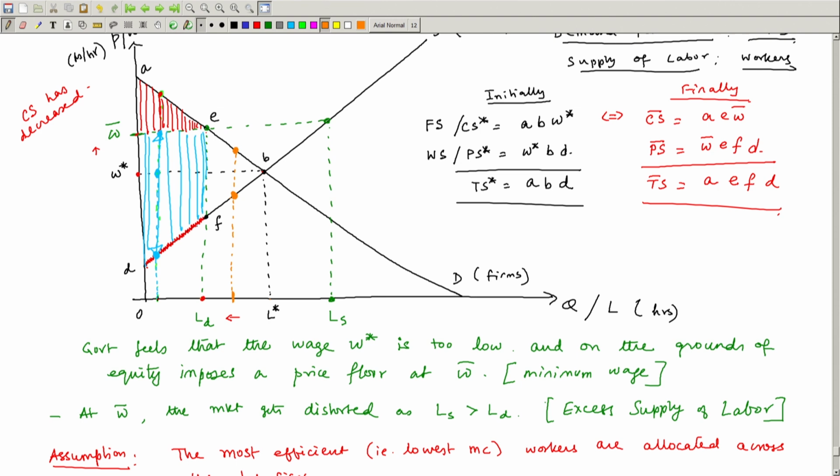Since the willingness to pay is greater than the supply price, if that particular unit had been traded, in the sense if that firm had hired the worker and the worker had participated, we would have obtained a gain equal to this orange line. And because that unit is not traded, this orange line gain is no longer captured. And if I aggregate across all units from LD to L star, I would get this area BEF, which are gains which are no longer being captured, right.